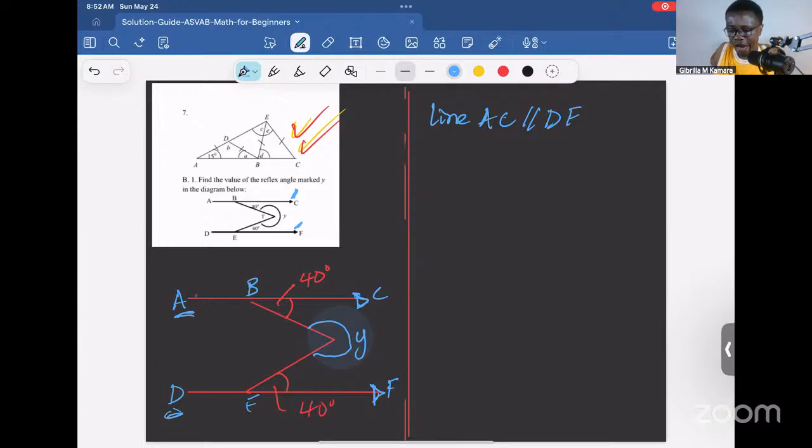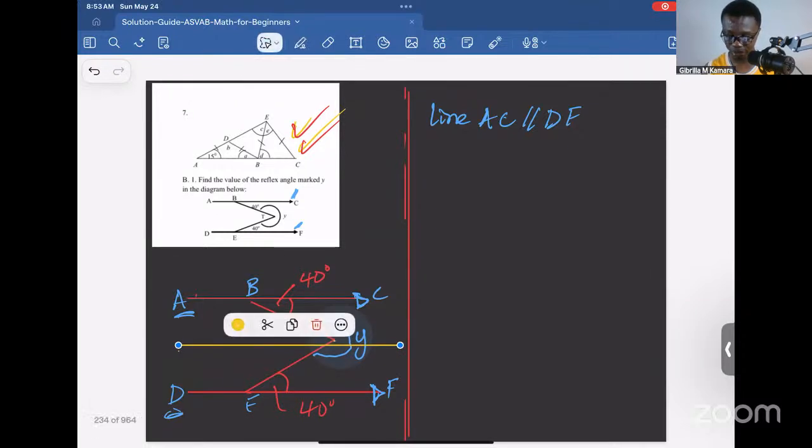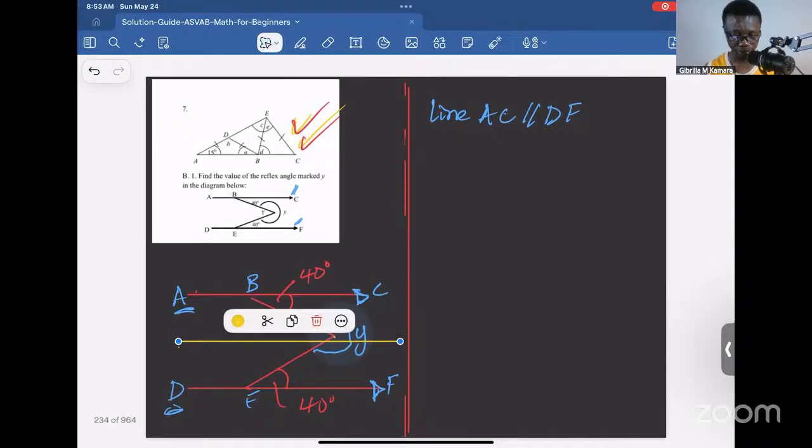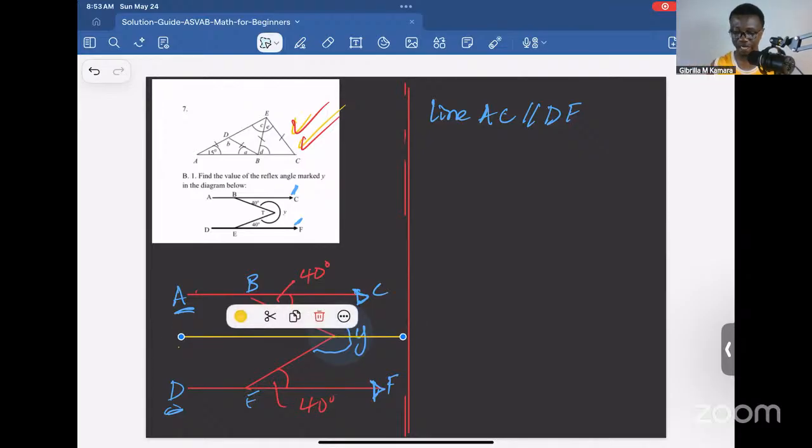So let's see. The first thing we have to do is add another parallel line that passes through the center of this. That's the parallel line we need. Let me just move it this way. Fine. So that's the third parallel line that we need.